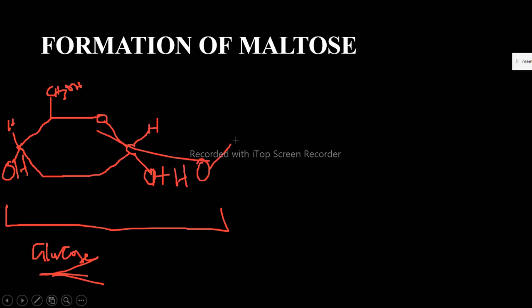So this is carbon, then this is the H. Now the H's cannot condense, and then this is the O, this is carbon 1, this is carbon 2, carbon 3, carbon 4. So I've just drawn another glucose molecule.